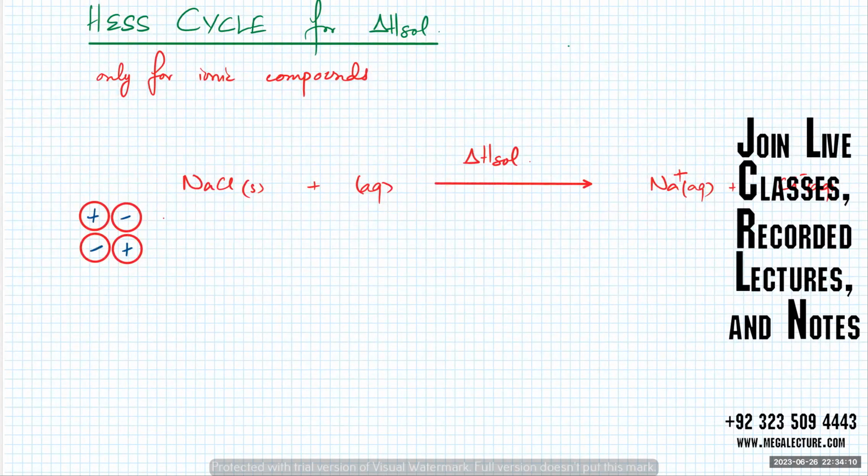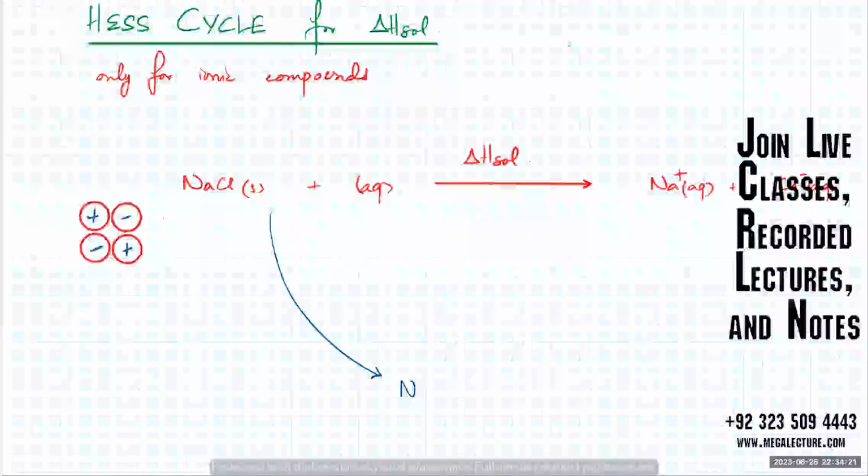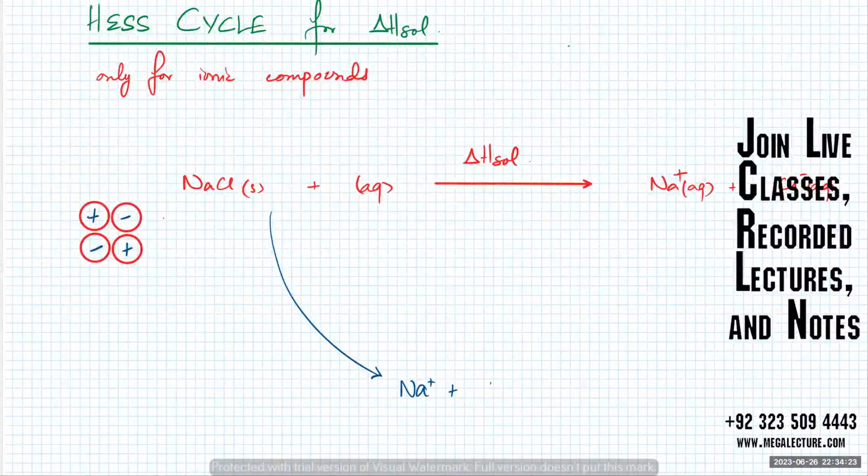Now, when you want to dissolve a crystal in water, the first thing that needs to happen is that you have to break the crystal. That's why you stir vigorously. When you stir vigorously, the ions dissociate. They turn into gaseous ions.